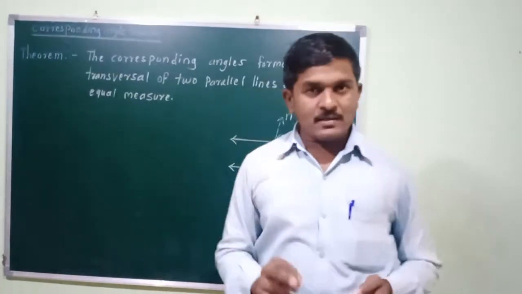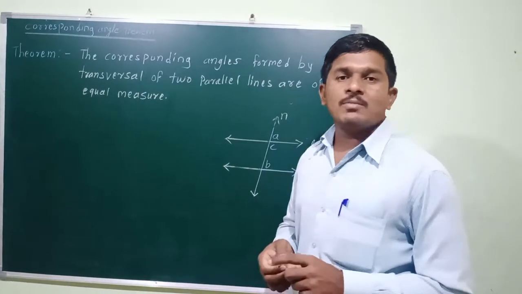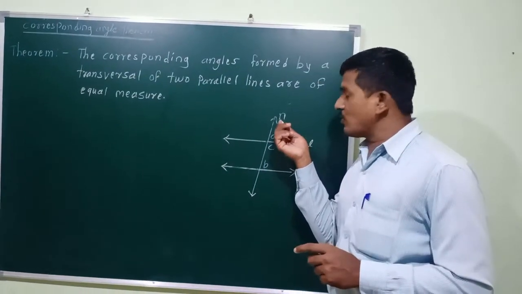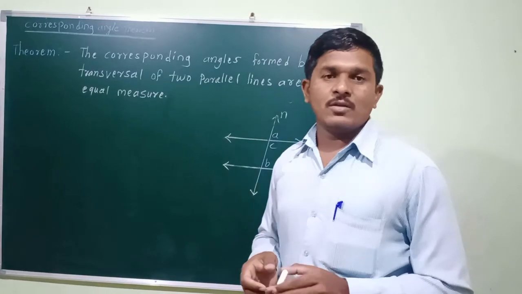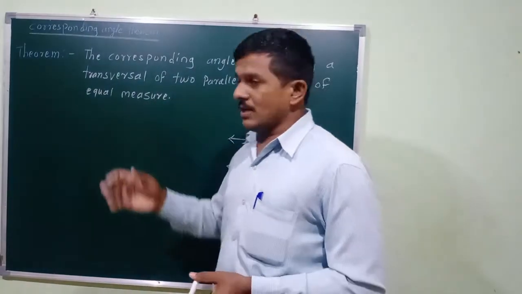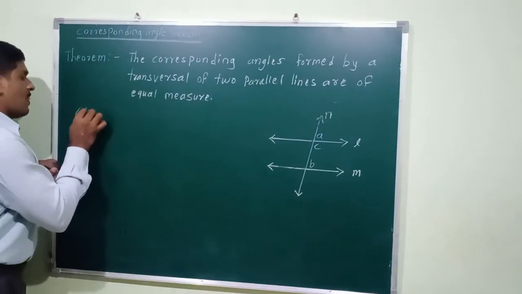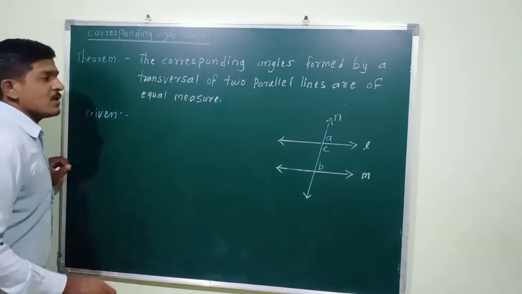There are two parallel lines, line L and line M, and line N is the transversal. Then we write the given. Firstly, write the given. What is the given?